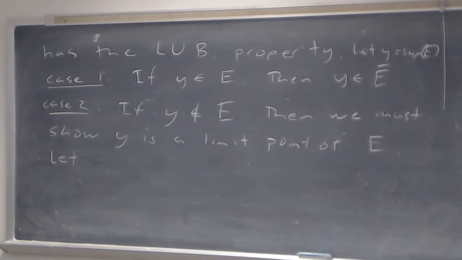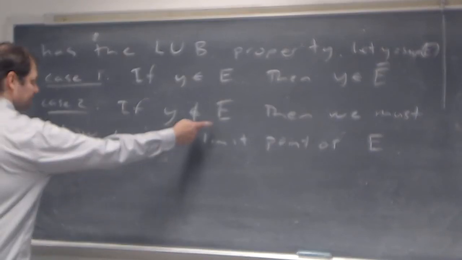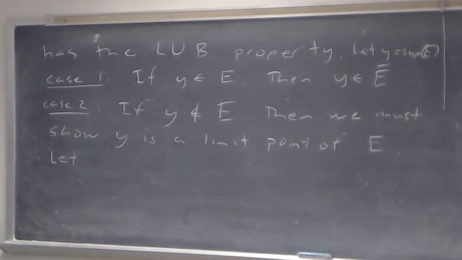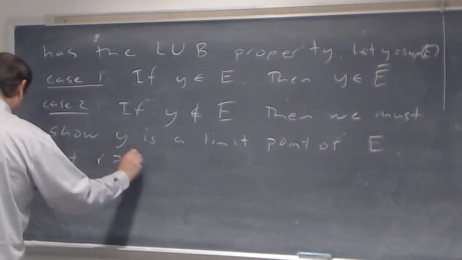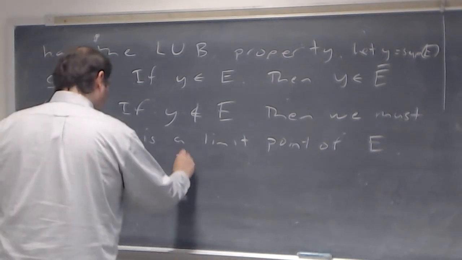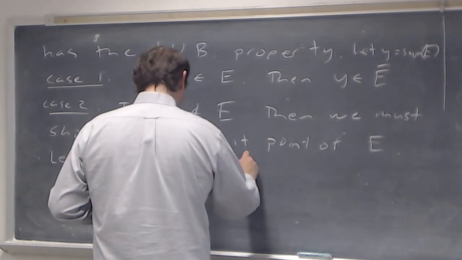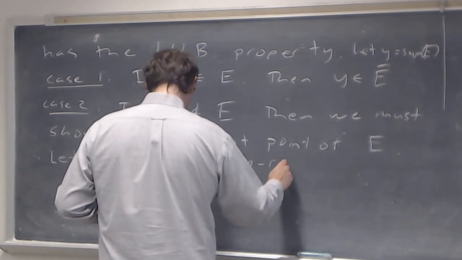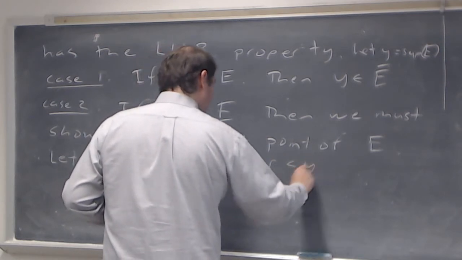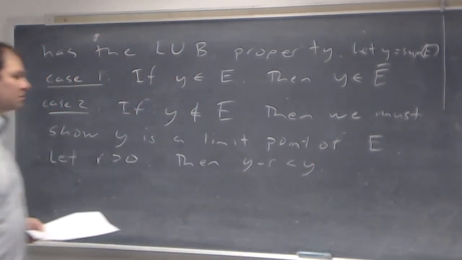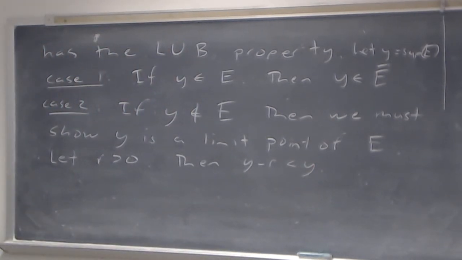And of course, that just means that neighborhood contains some point of E, because y isn't in there. So we let r be greater than 0. Then y minus r is less than y. That's sure.